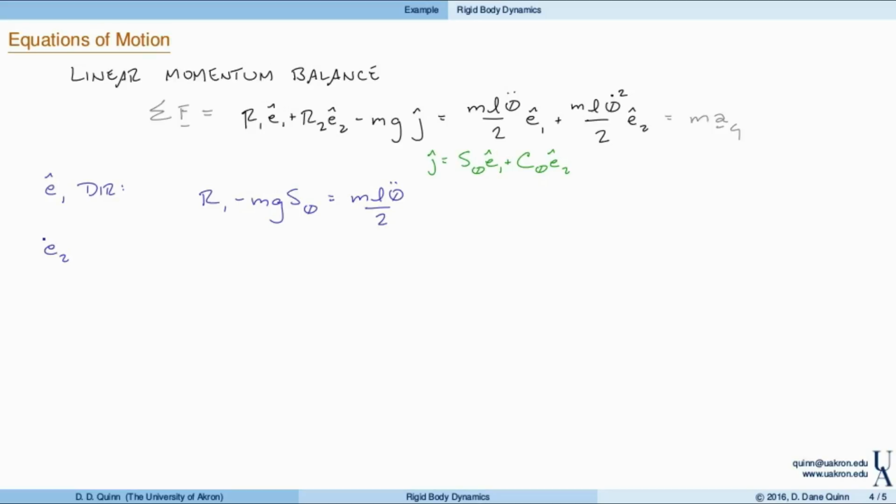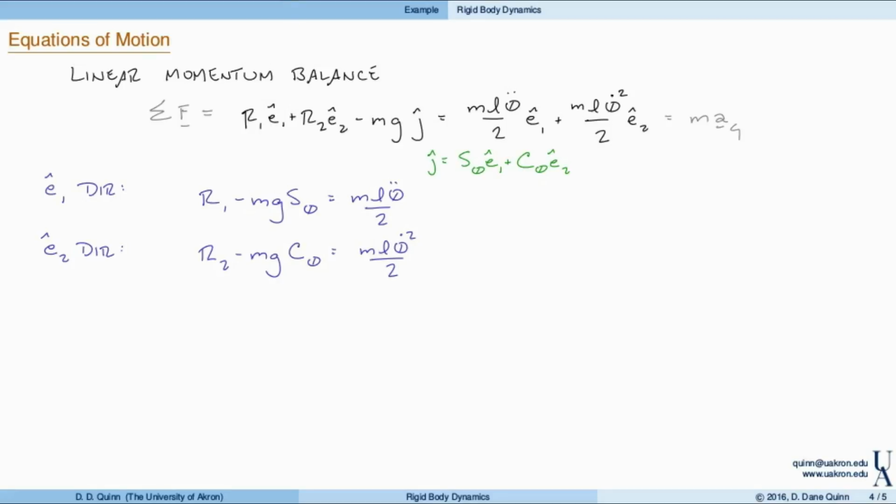And in the E2 direction, we have R2 minus mg cosine theta equals ml theta dot squared over 2. And eventually I can make use of the fact that at time 0, theta dot vanishes. But for now, I'll just leave it in, and then we'll introduce that later.